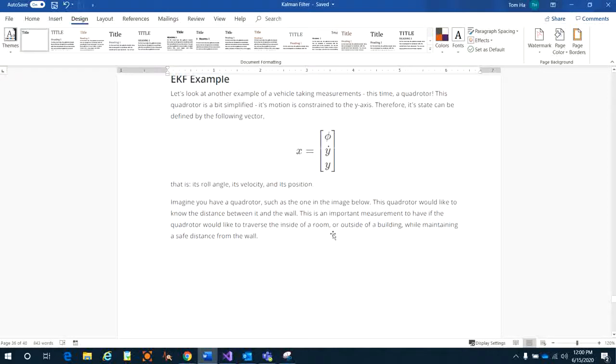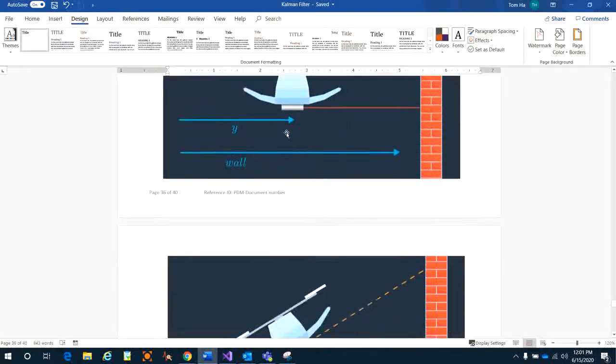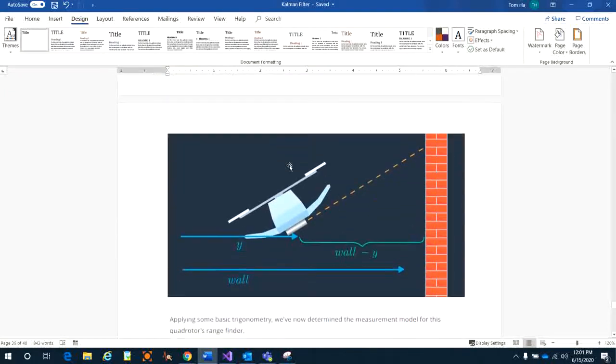So this drone would like to know the distance between the drone and the wall. This is an important measurement if the drone would like to travel inside a room, outside a building, while maintaining a safe distance from the wall.